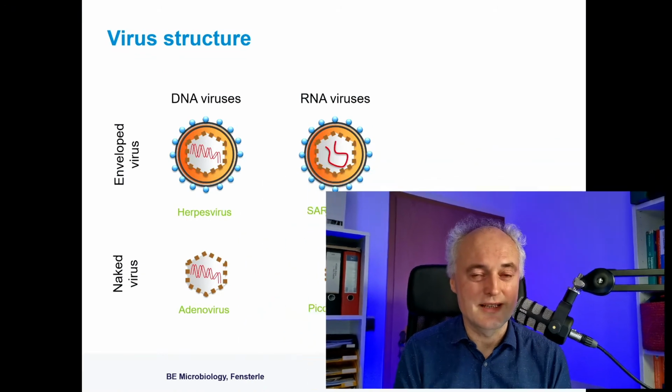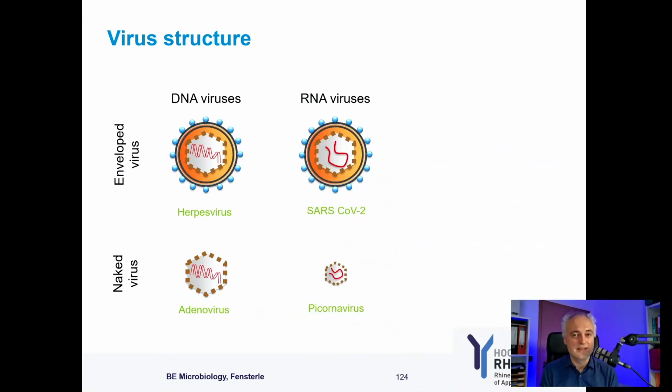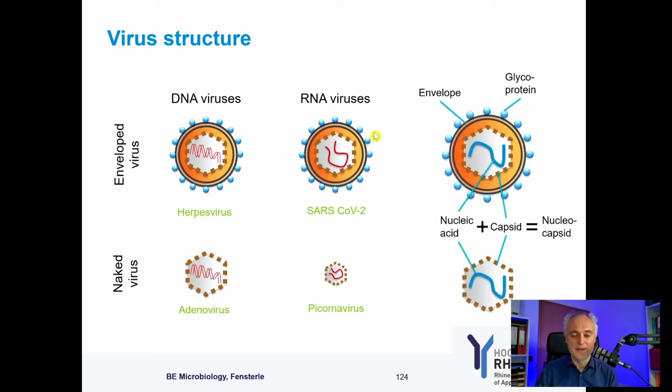So if we talk about viruses, the first thing to look at is the viral structure. And the good news is there is not much to say about it. On this chart, we have viruses which are enveloped and which are naked. An enveloped virus has a lipid bilayer as an envelope, and in this lipid bilayer you have glycoproteins inserted.